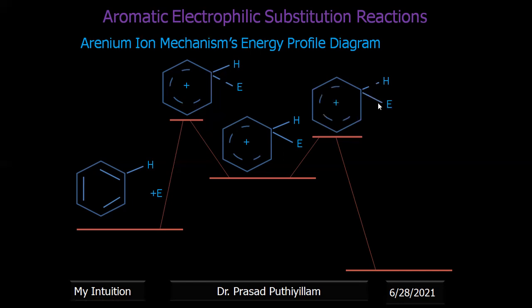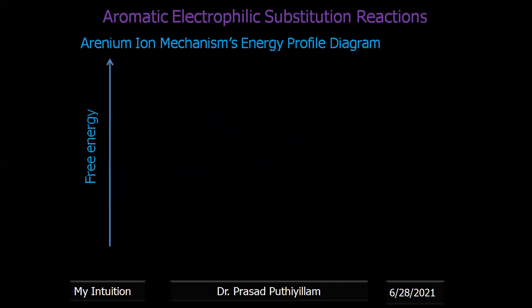Okay, the remaining structure as such. So the C-H bond breaks slowly, that is, removal of proton takes place. That bond breaking is a little bit less stable state than this particular stable state. Then it gives the final product as the electrophile-substituted benzene molecule. Okay, so this can be taken as the energy profile diagram.